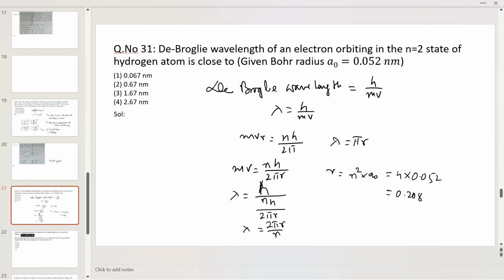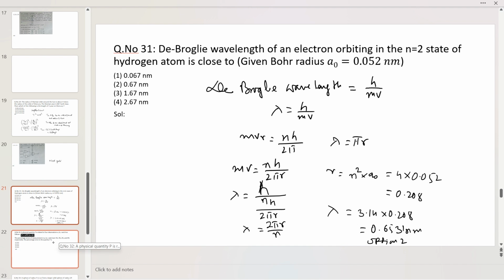So here lambda will be 3.14 into 0.208, which comes out to be 0.6531 nanometer, about 0.67. So your option 2.